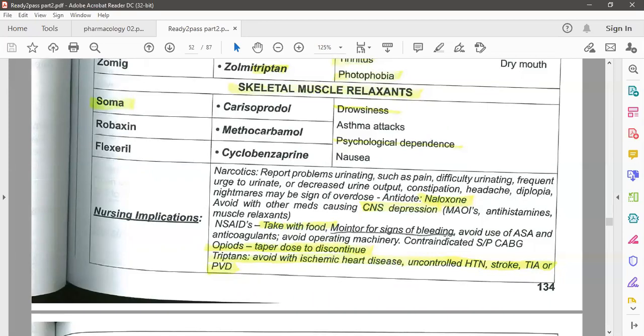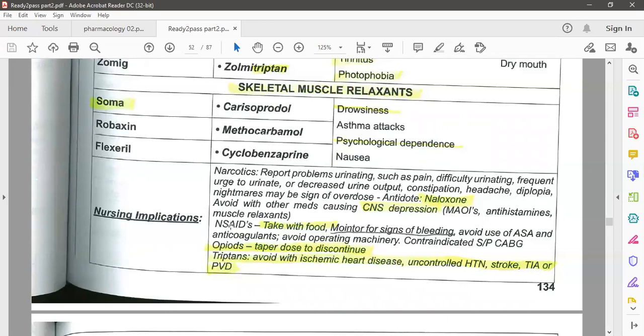So if we see my patient has any kind of bleeding, we better stop it. Avoid use with aspirin. So aspirin and NSAIDs not together, and also not with anticoagulants like heparin, warfarin, not together. Avoid operating heavy machinery. They are contraindicated with some specific medication like aspirin, right? Or if the patient has GI bleeding.